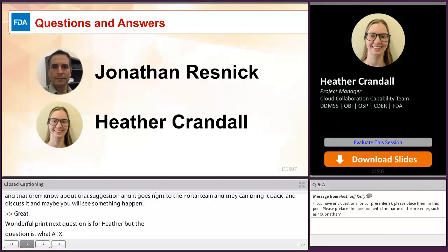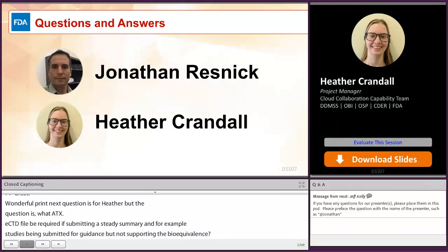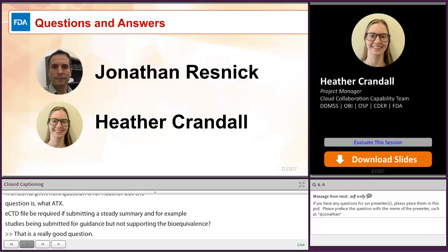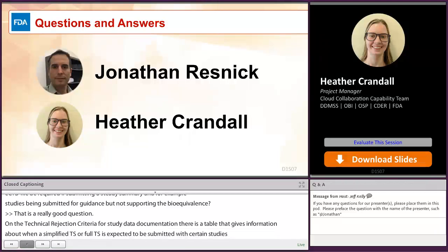So that's a really good question. On the technical rejection criteria for study data documentation, there is a table that gives information about when a simplified TS or a full TS is expected to be submitted with certain studies. So in there, you may see that if you have certain file tags included in your study, then there is an expectation for a TS.